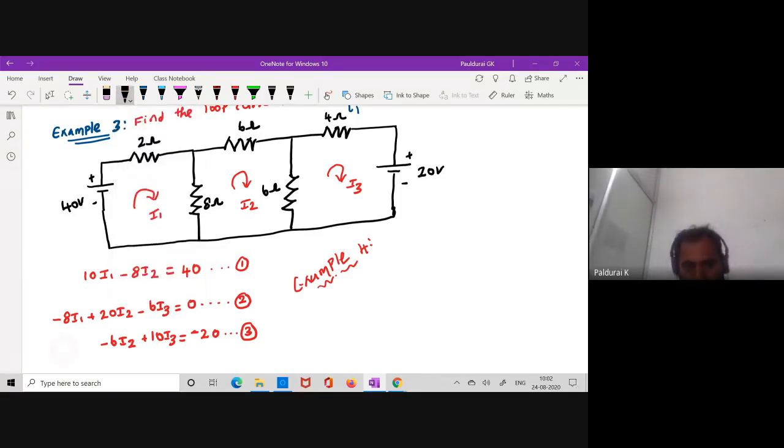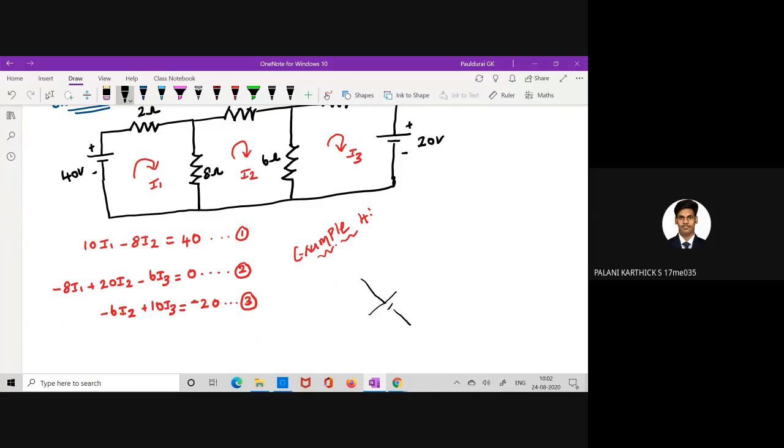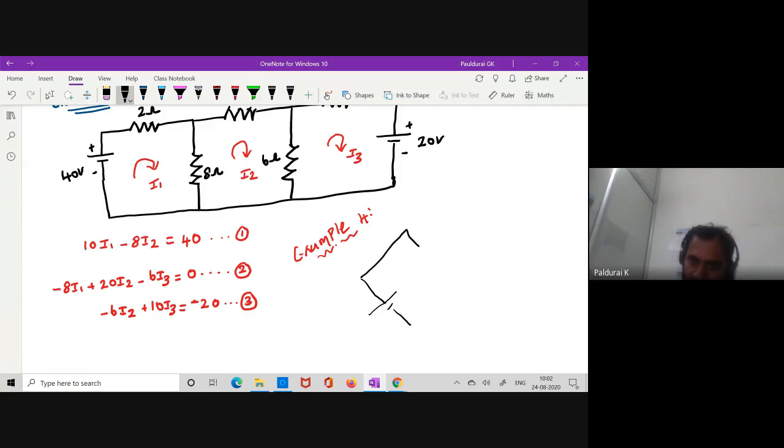This time also I want to go with 3 loops. Do you have any doubt in this? Do I want to teach this problem? No sir. Okay, thank you. So this time take this problem.